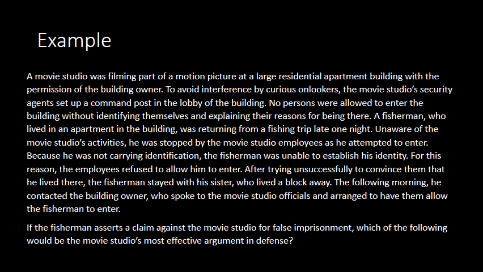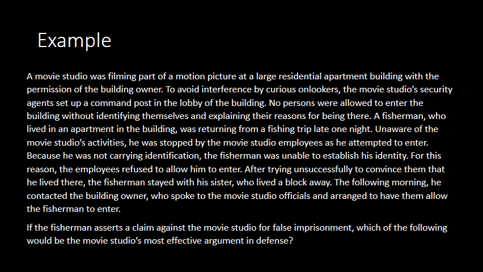Also, we know that we're looking for the movie studio's best argument in defense of the fisherman's claim. So this tells us a couple of things. First, it doesn't really matter whether the fisherman has an airtight claim. What we're looking for is not whether the fisherman wins or loses.